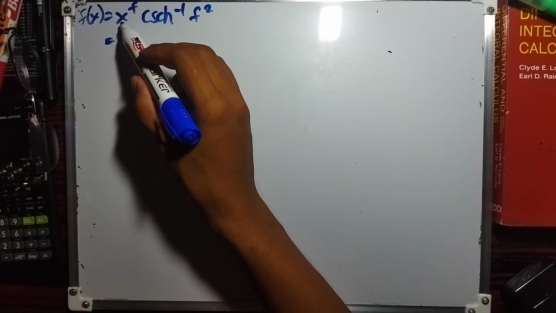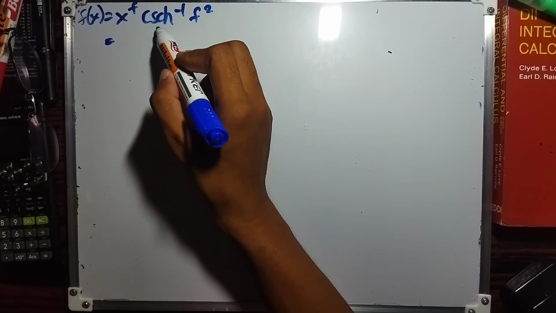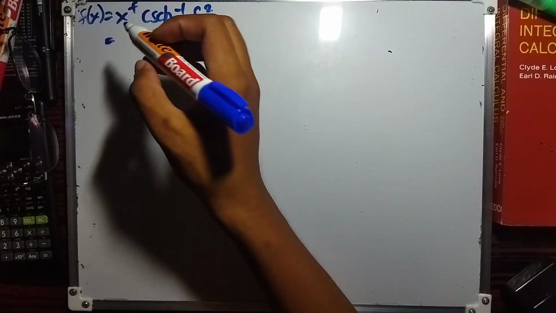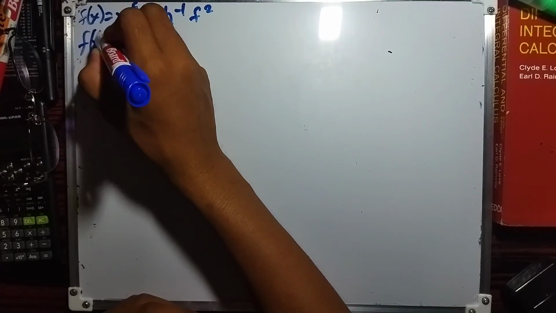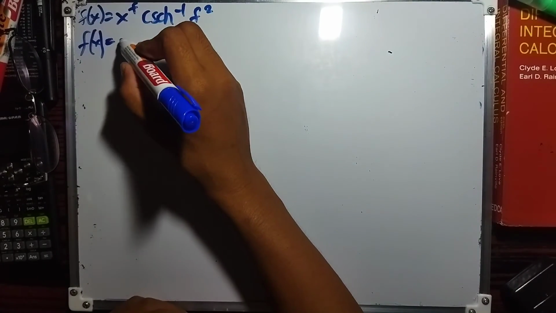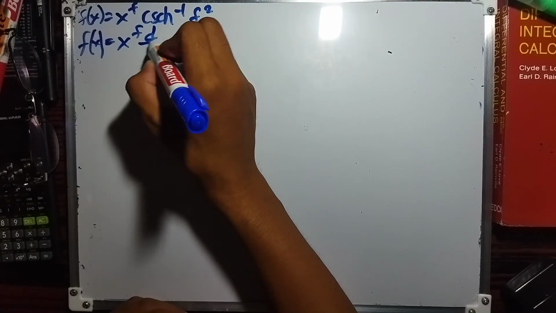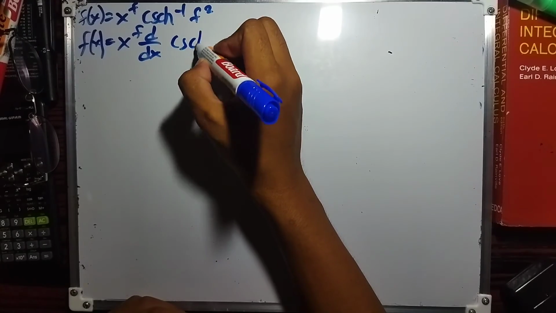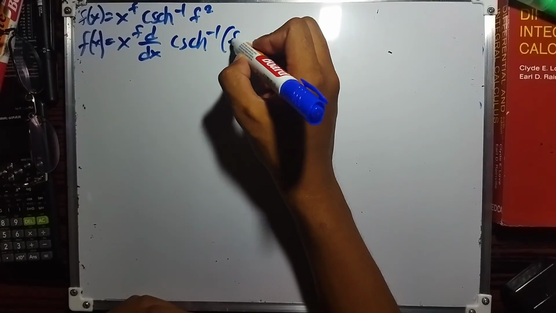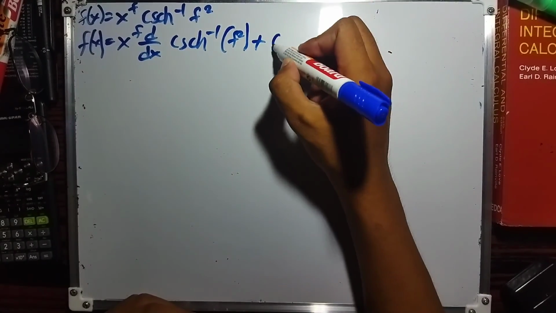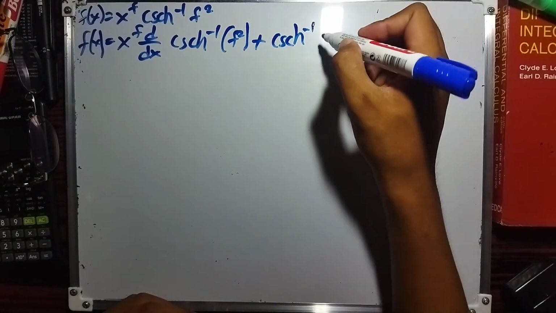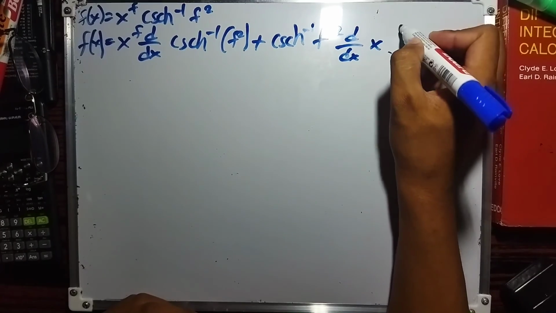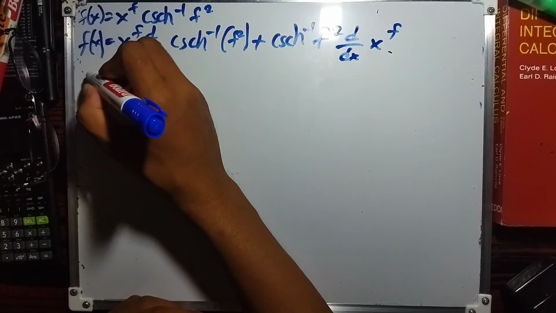So let x to the power of t be the u and csch negative 1 of t squared be the v. So f'(x) is equal to u dv plus v du, where u is x to the t, times the derivative of csch negative 1 of t squared, plus csch negative 1 of t squared, times the derivative of x to the power of t.